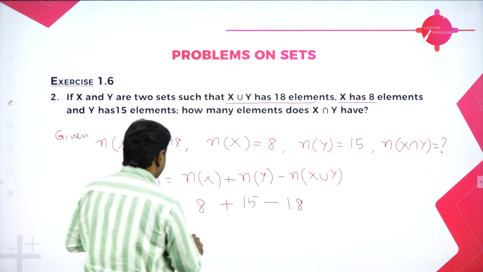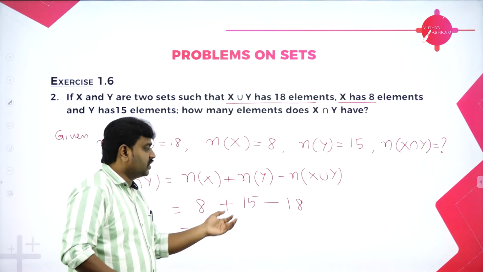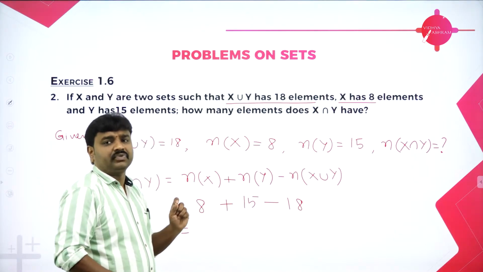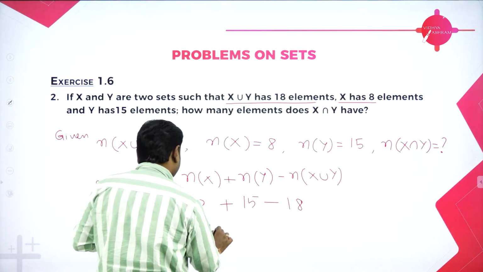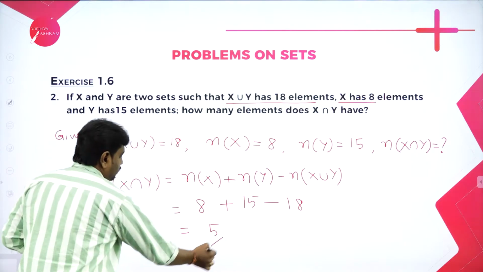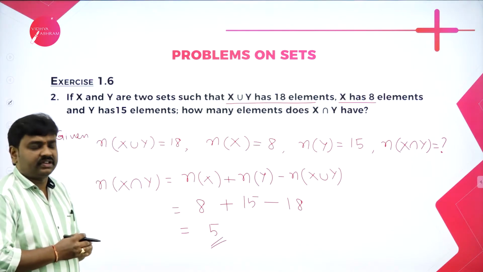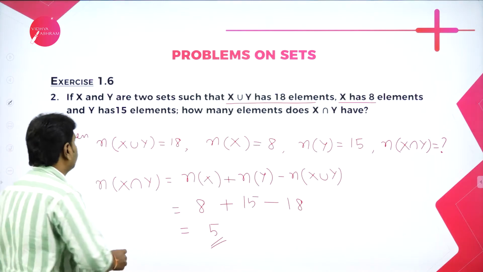After substitution, 15 plus 8, 23 minus 18. In 23 remove 18, that will give you 5. I hope all of you got this. Intersection means common: n of x plus n of y minus n of x union y.